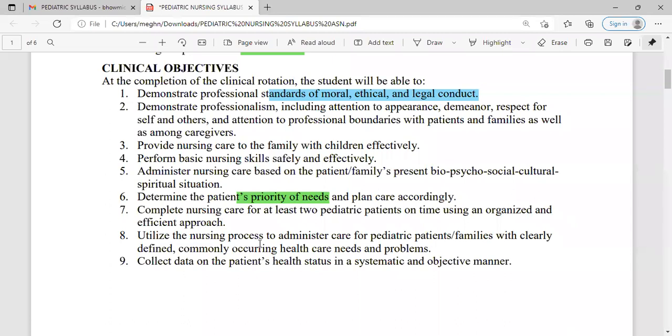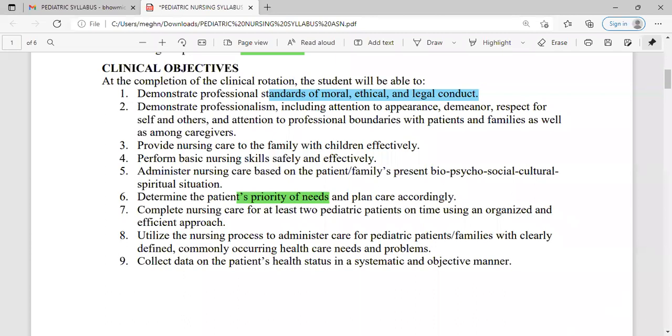Utilize the nursing process to administer care for pediatric patients and families with clearly defined, commonly occurring health care needs and problems, and also collect data on the patient's health status in a systematic and objective manner.